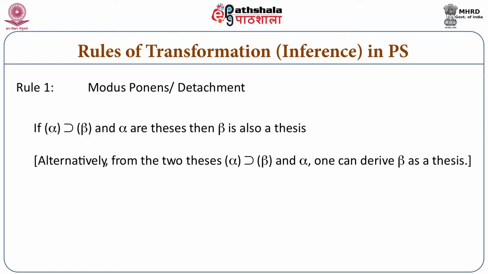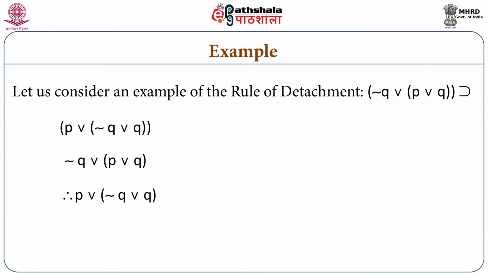Let us try to explain this rule with the help of an example. Suppose we are given these formulas: not Q or P or Q together implies P or not Q or not Q, and not Q or P or Q. This looks like alpha implies beta and alpha.